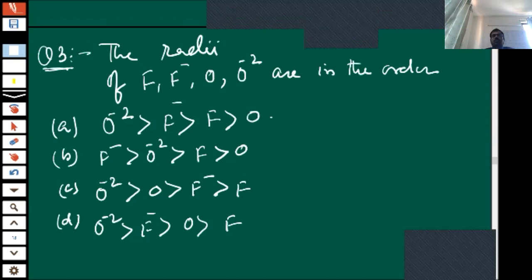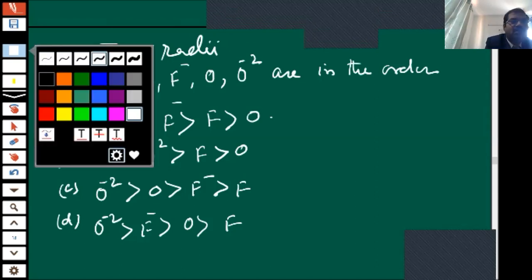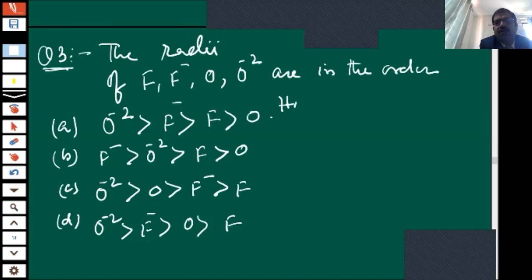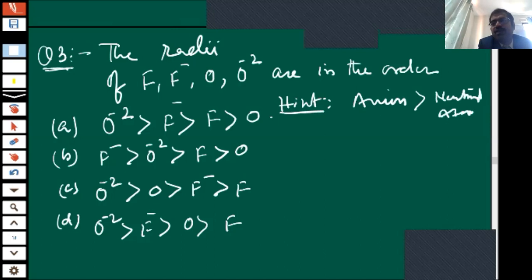Okay, children. So here we can use the hint. All hints and all points I have given to you in the last class. The hint is that an anion is larger than its neutral atom, and oxygen is bigger than fluorine.